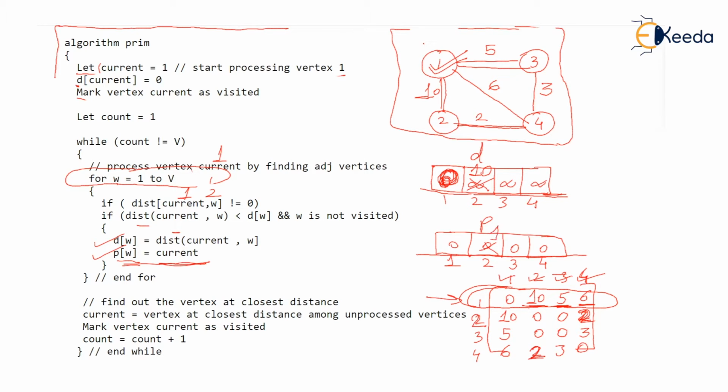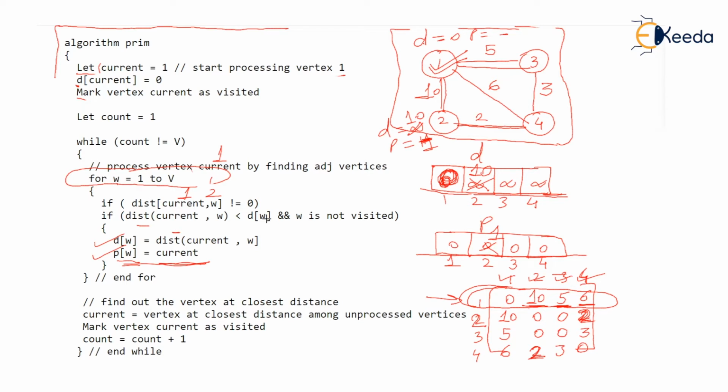This is what we used to exactly do in our working. We had d equal to 0 and p equal to null at the first vertex, but we had d equal to infinity and p equal to null at the second vertex. But when we saw that distance 10 is less than infinity, we updated this d to 10 and the path was 1. That's what we have exactly done.